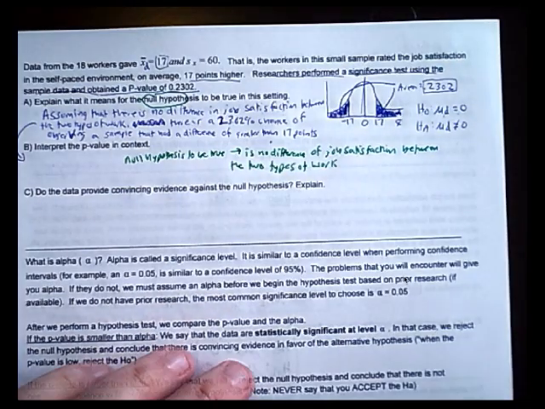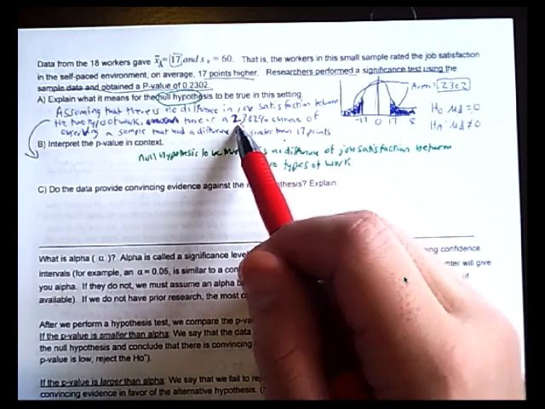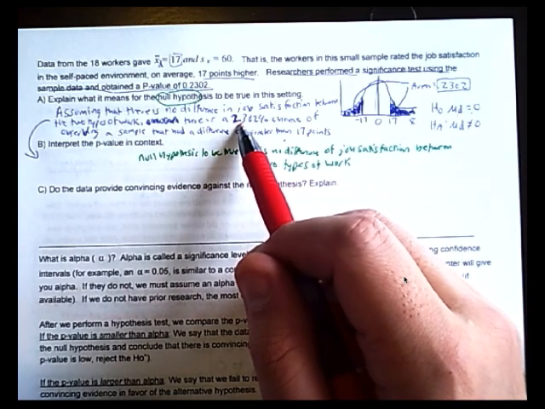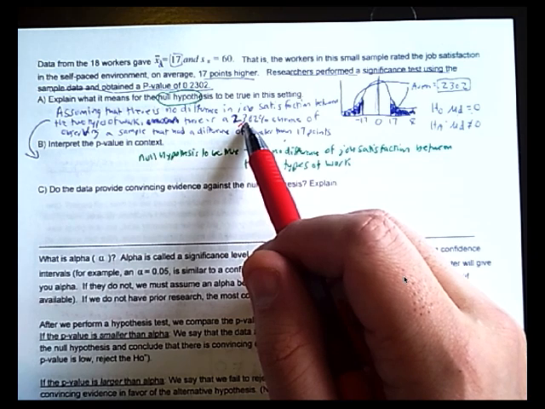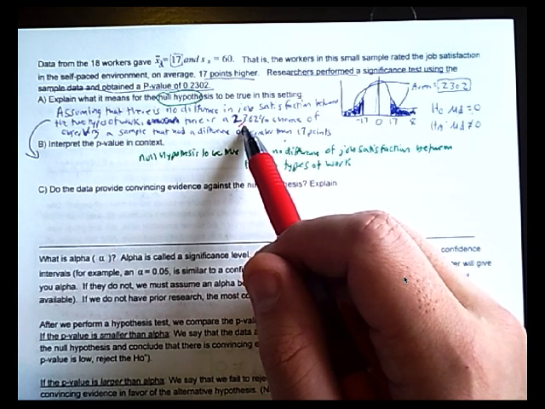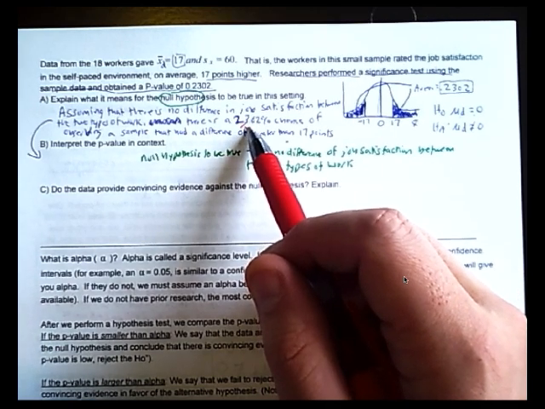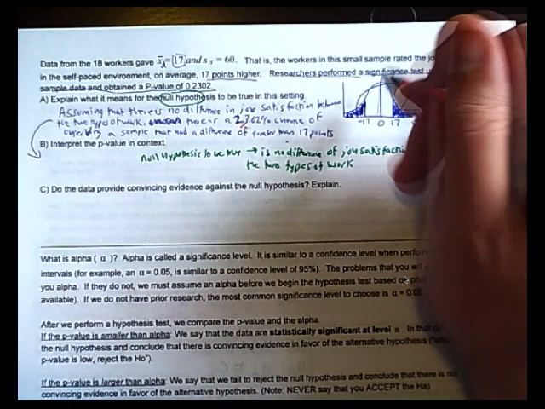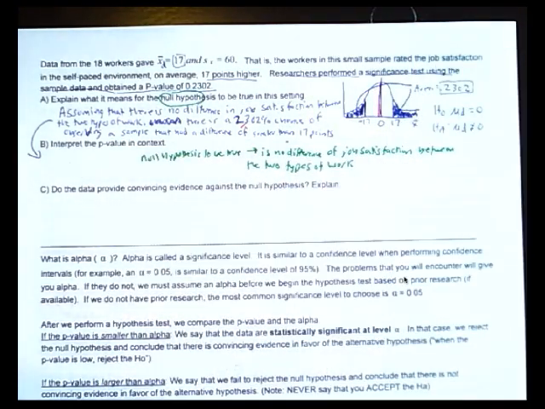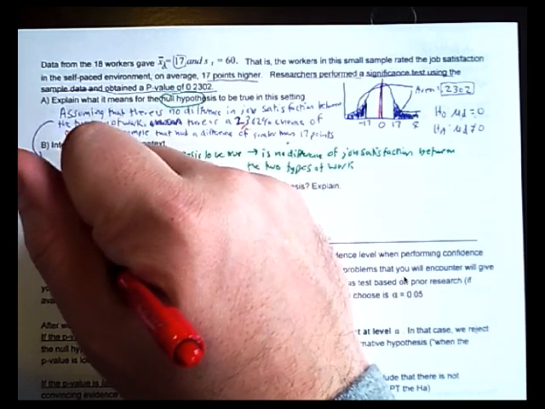All right. In part C, ask yourself, is that low enough for you to believe that it just doesn't happen by chance? To me, 23%, that's a little bit more than a 1 in 5 chance. Okay? That's not low enough for me to believe that there really is a difference in satisfaction. So eventually you're going to learn about this thing called alpha.